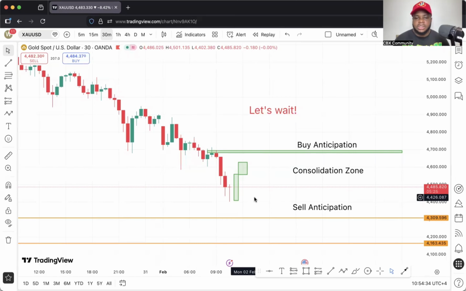In the next 5 minutes is the close of this candle, and this candle is likely to close with a rejection bullish candle. So let's see what this candle wants to do.